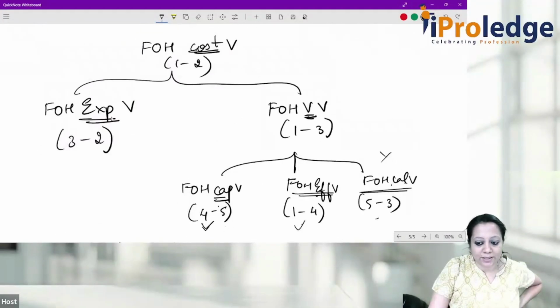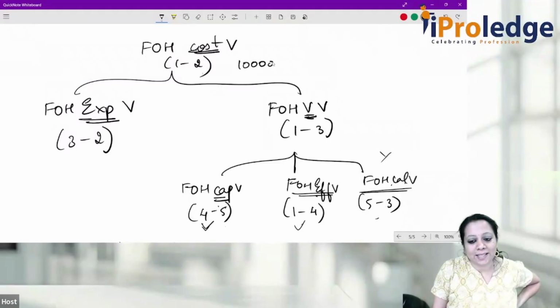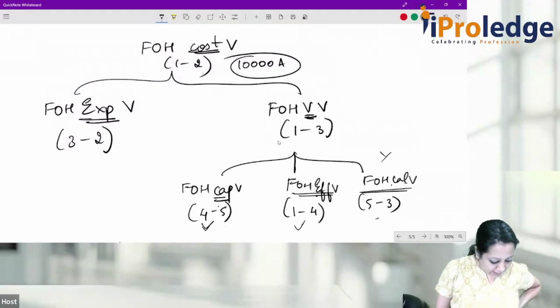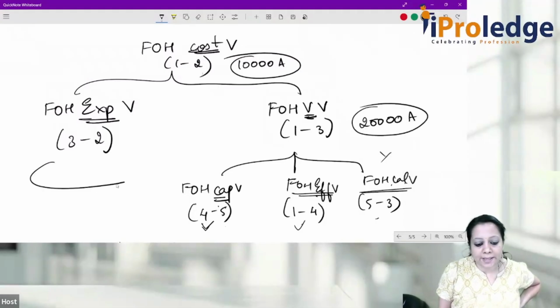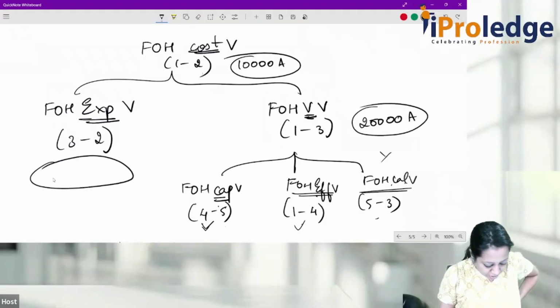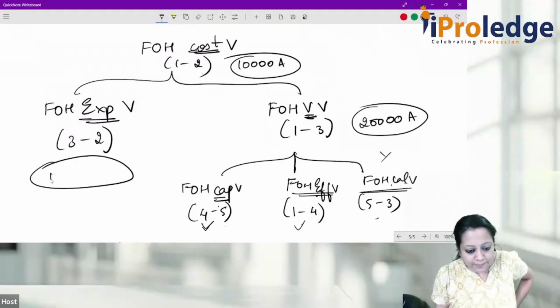Here is the chart. Good. So now 1 minus 2. 1 minus 2 is 10,000 adverse? Yes, ma'am. Then 1 minus 3 is 20,000 adverse? Yes. In the exam, please write rupees and all. 3 minus 2 is 10,000 favorable?